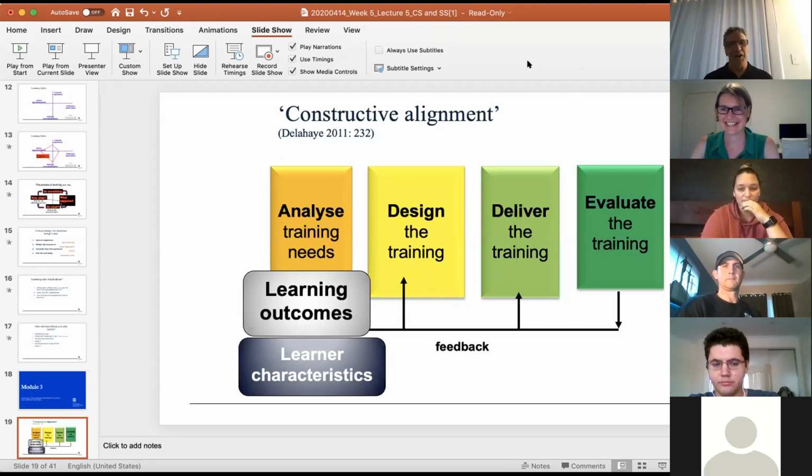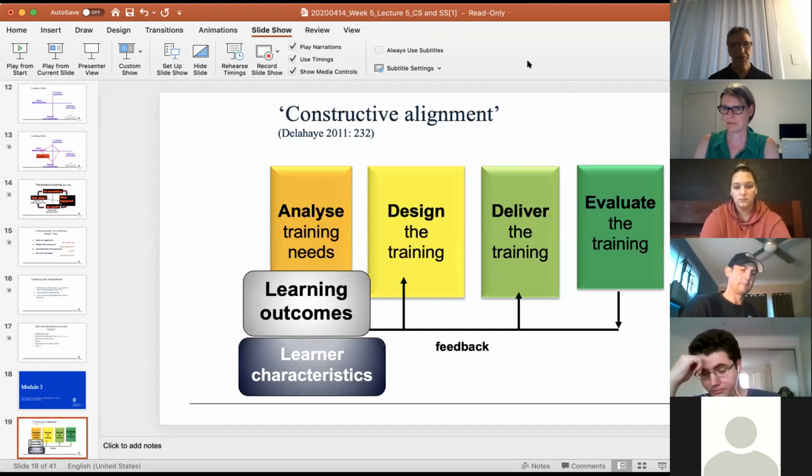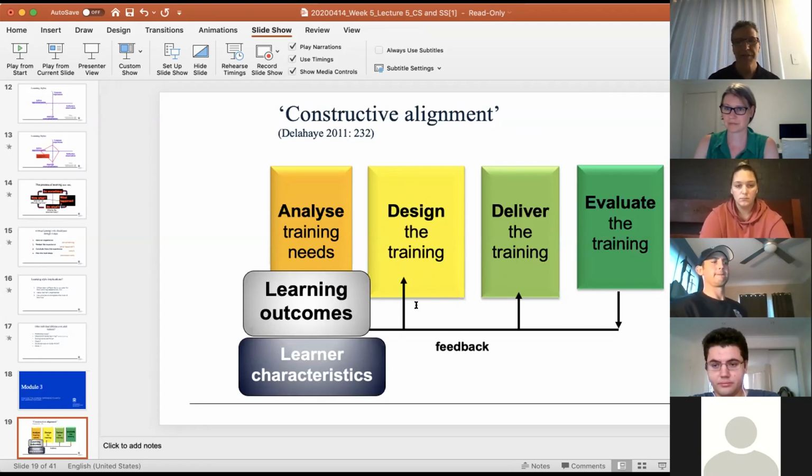I may have used the term in the class up until this point. It comes from a guy called John Biggs, who was one of the first, if not the first, to use the term, and then Delahaye and Choi have picked it up. Constructive alignment is ensuring that the learning outcomes seen here are coherently attached to the design and delivery of the training.